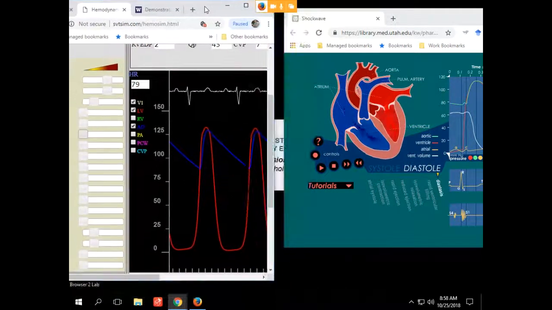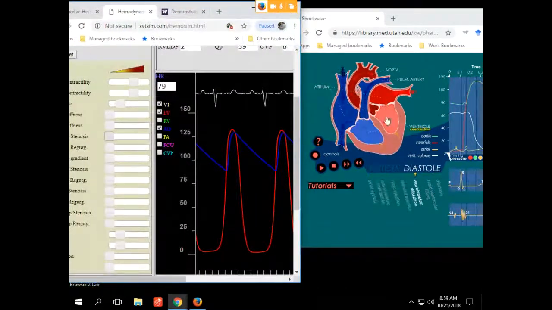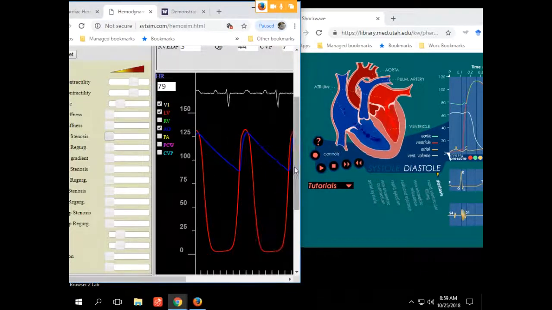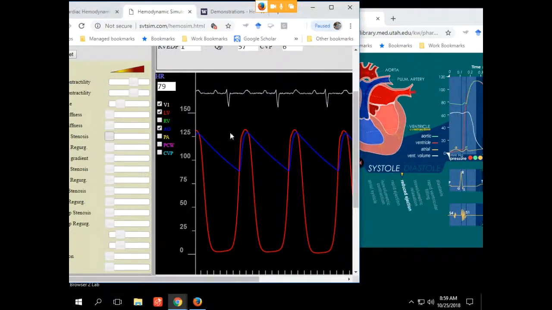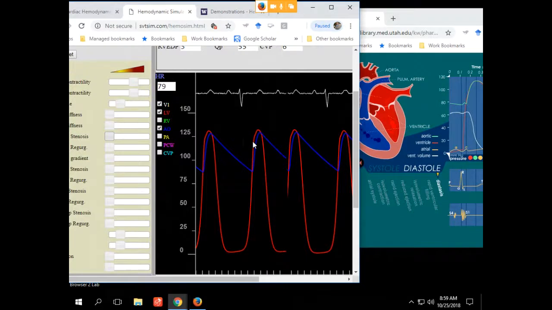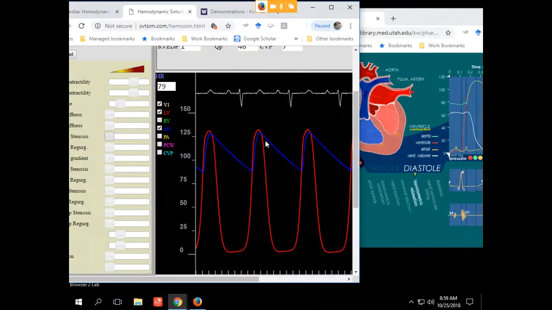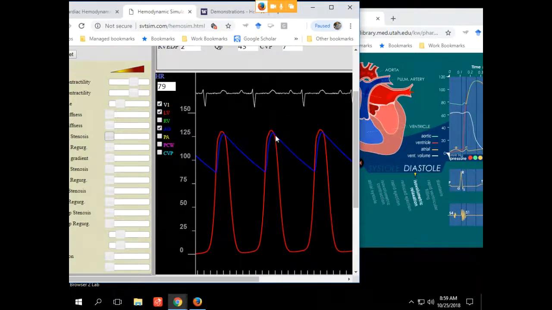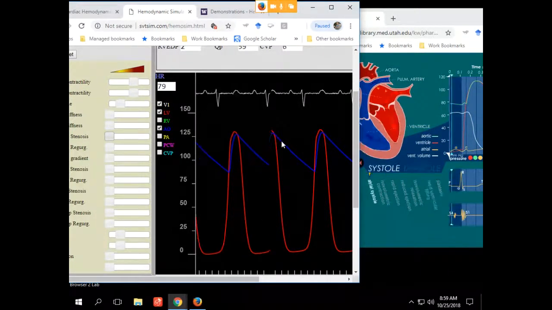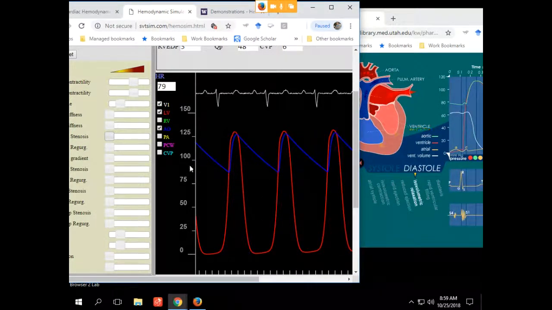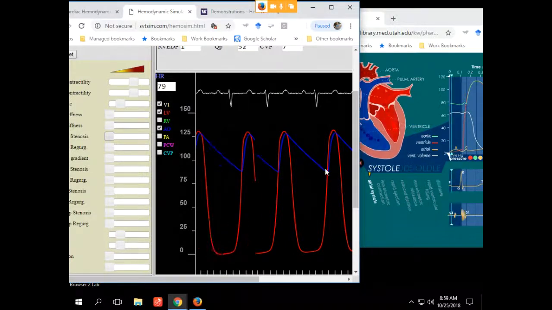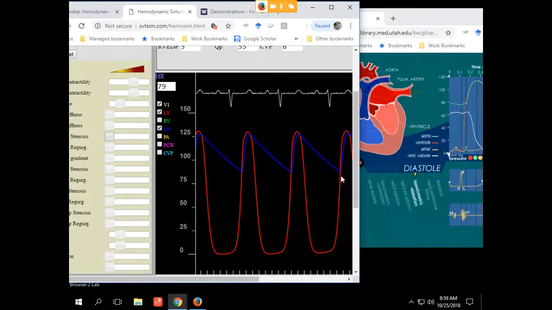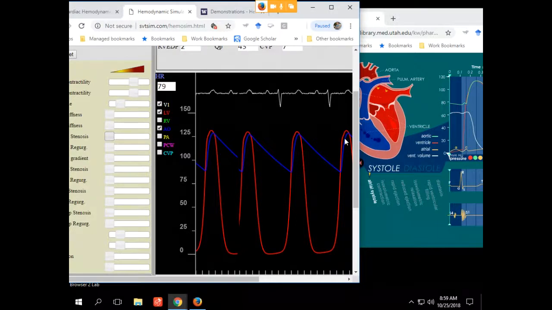So during what phase of the heart are we looking? Diastole. You said diastole, so we're over here, at the beginning of diastole, right around the isovolumetric relaxation, kind of in the same area. Okay, what else? From right there to right there, before the ventricle starts pumping again, right? Moving forward.